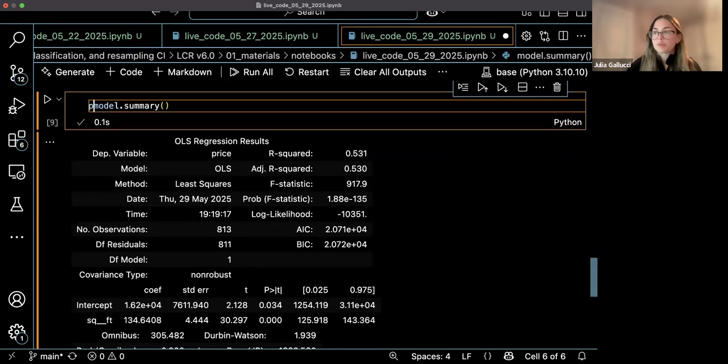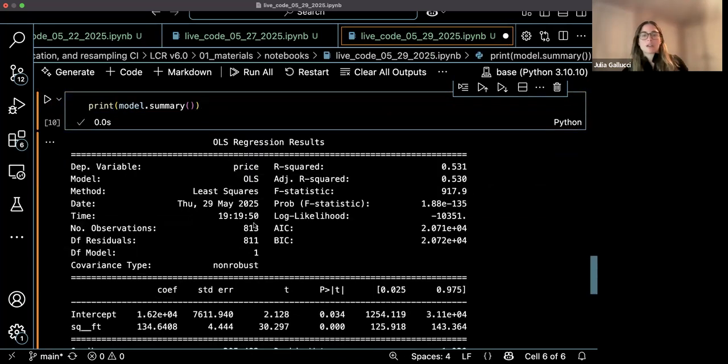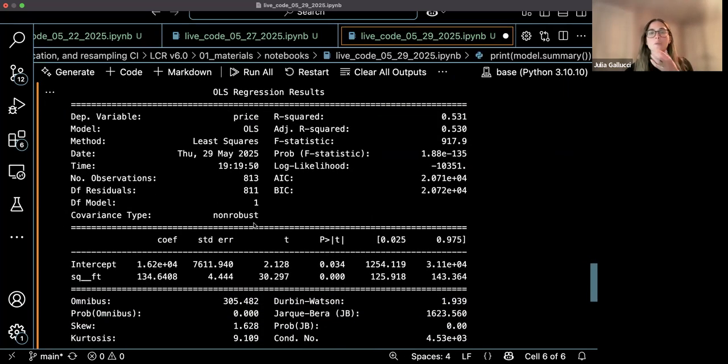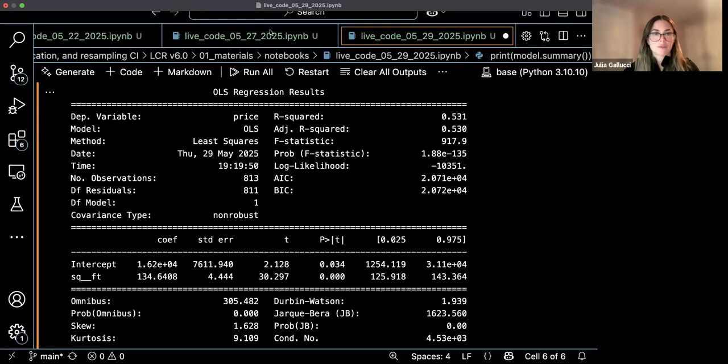Sorry, I just want to use the parent. Okay, just to make it look nicer. Okay, so this is what our output looks like. And I just want to share my screen for a second. I'm going to switch screens. Okay.